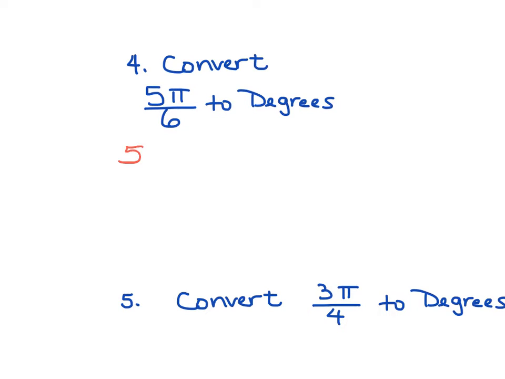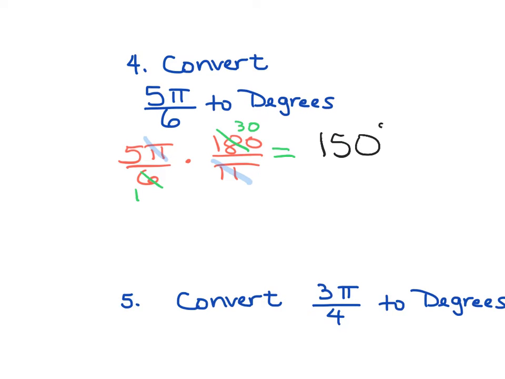I'm going to take my radian measure and multiply it by 180 over pi. Notice the pi's will cancel. And now I just need to simplify the 6 and the 180. I can divide them both by 6, and this becomes 30. And now I'll multiply what remains. And 5 times 30 is 150 degrees.